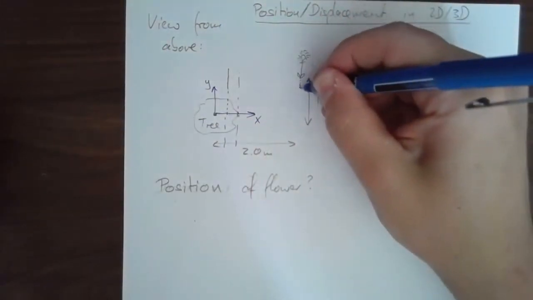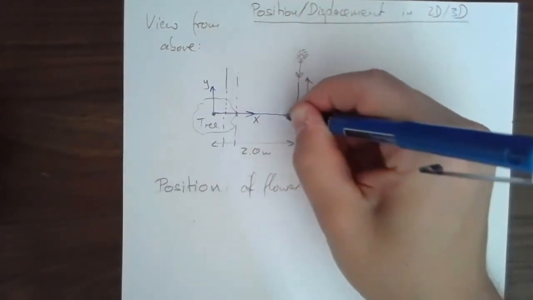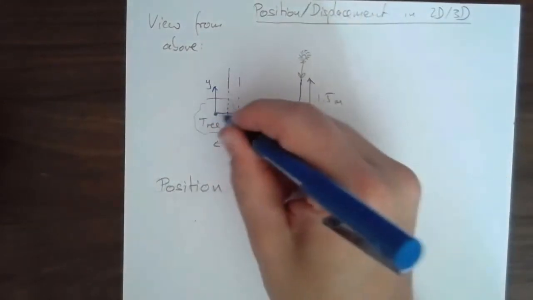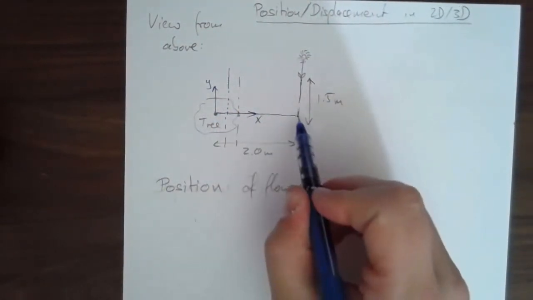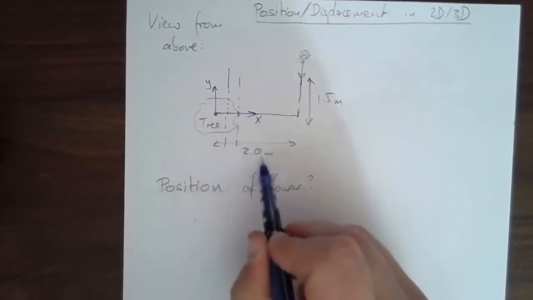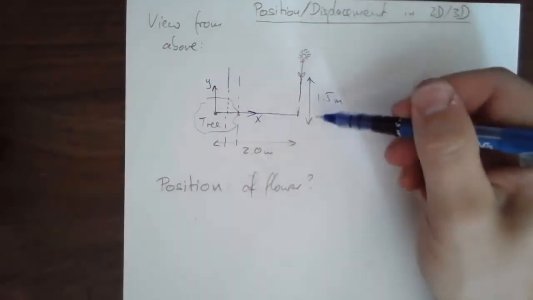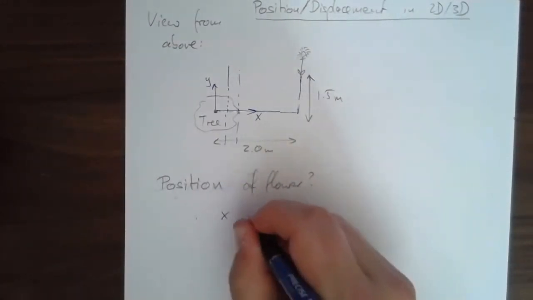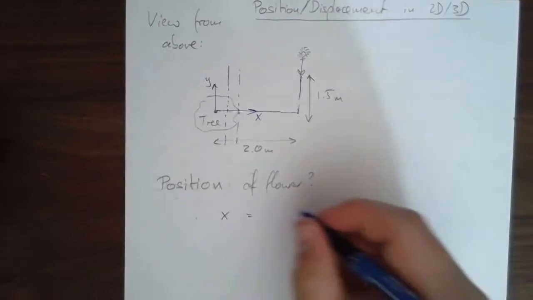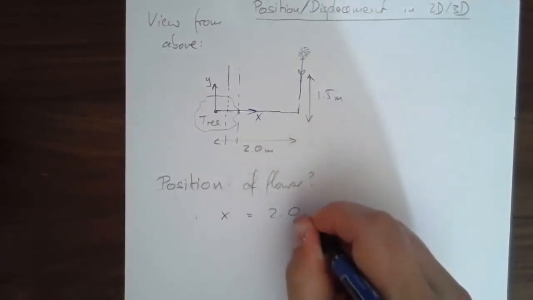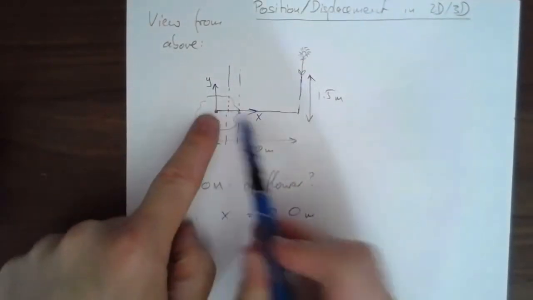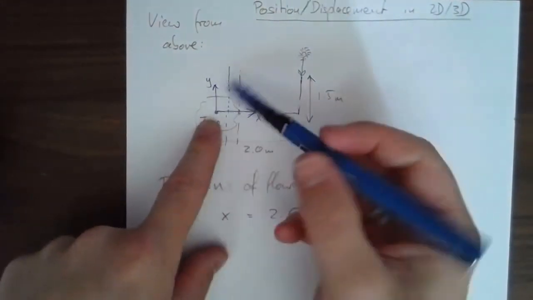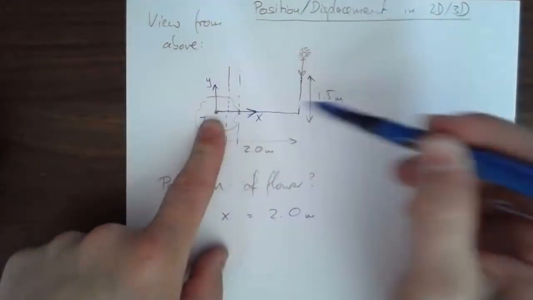So the flower is going to be essentially at a position where I can see, well, how far, say, east is it of the tree? Oh, 2 meters, right? So I've shown that here. How far north is it of the tree? 1.5. So I might say x of the flower would be 2.0 meters, because x is the axis that points right, that shows me, in this case, positions in a west-east direction.